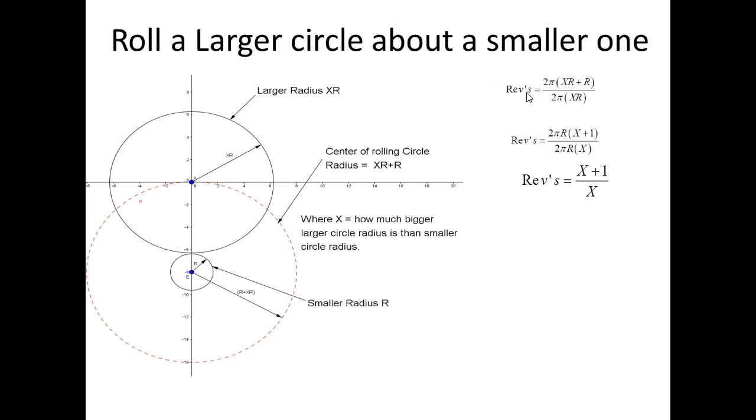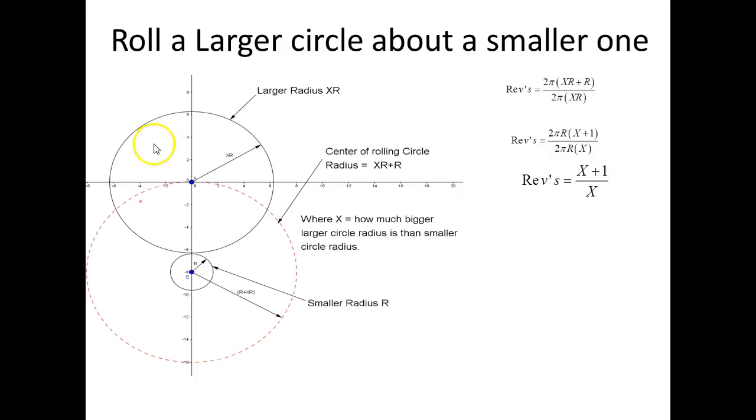My revolutions is equal to 2 pi times x r plus r divided by 2 pi times x r. Because now what's revolving around the small circle is my basketball, or the larger circle.